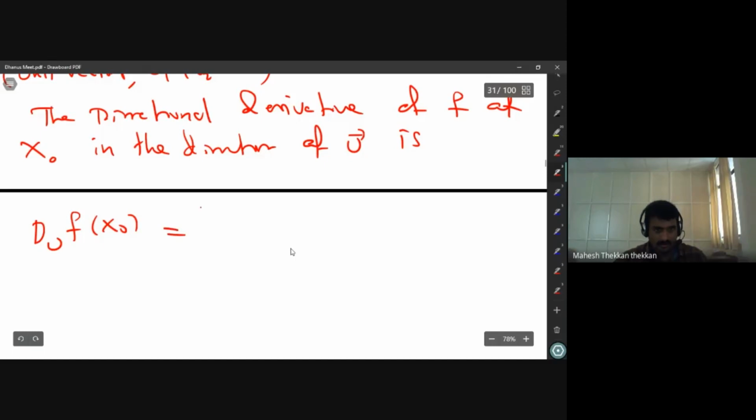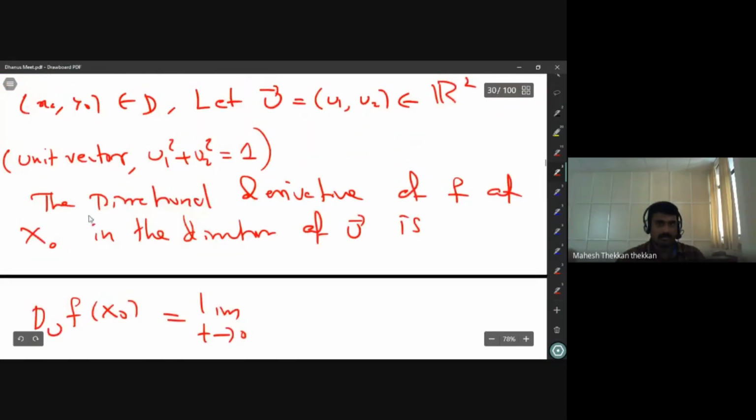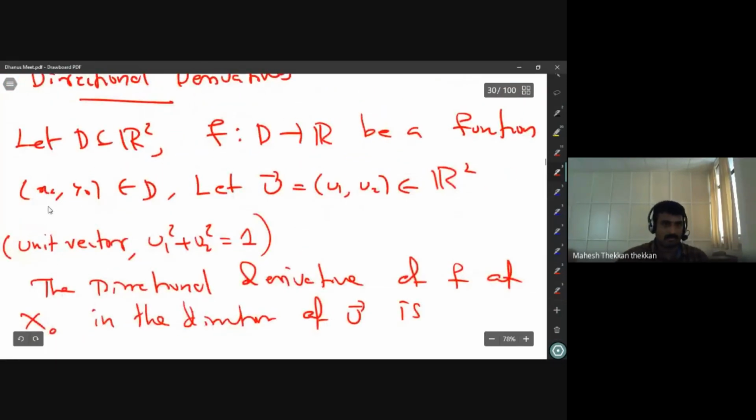That will be nothing but limit t tending to 0. This point, this small x0, y0, I will denote by capital X0. This point I denote by X0. Okay.